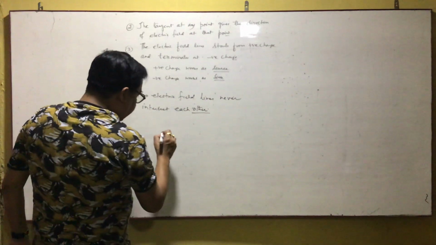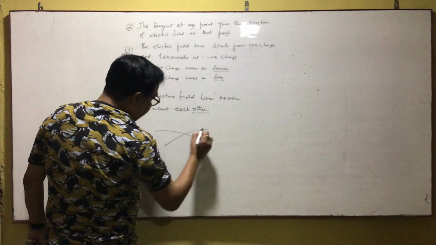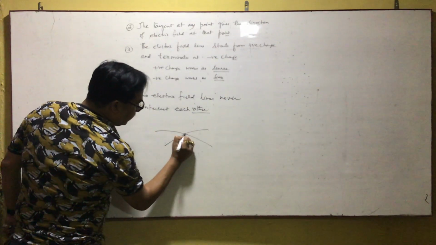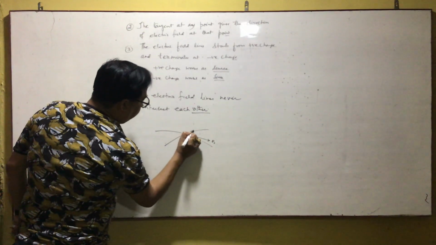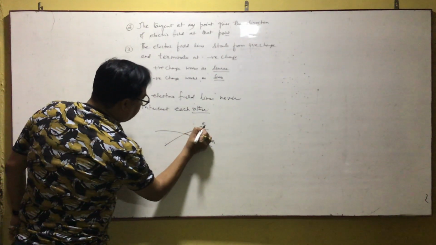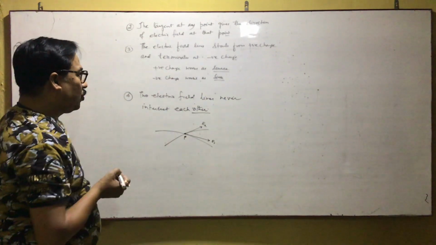Suppose we have one electric field line and the second electric field line, then at the point of intersection, we have two directions of electric field at this point, which is not possible.